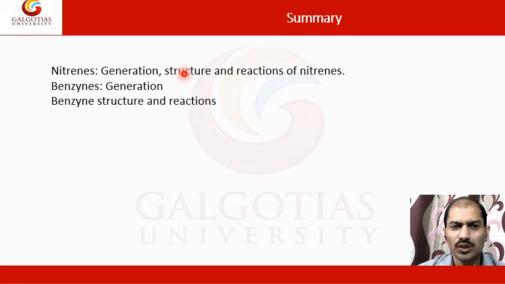Many named reactions also go through nitrene formation, and we have seen their structure, which has a total of 6 electrons. As far as nitrogen is concerned, they go through different reactions, which we also studied.